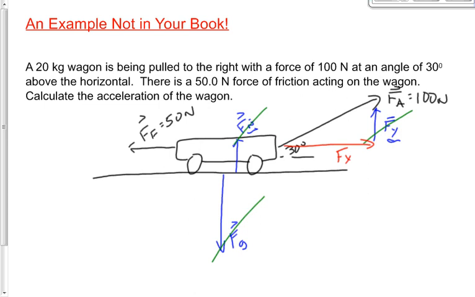The x component of Fa. Remember, the y component's gone. It combined with the normal force and canceled out the force of gravity. So all we've got left is FF and the x component of Fa. Now we can figure out what this is, which we should because we don't like funny angles. Let's say cosine 30 degrees is equal to Fx, that's the adjacent side, over the hypotenuse.